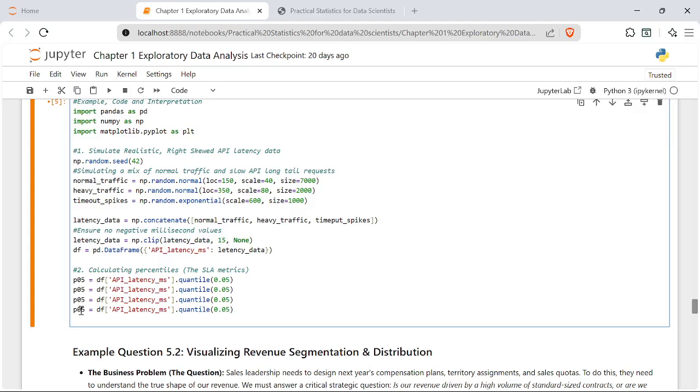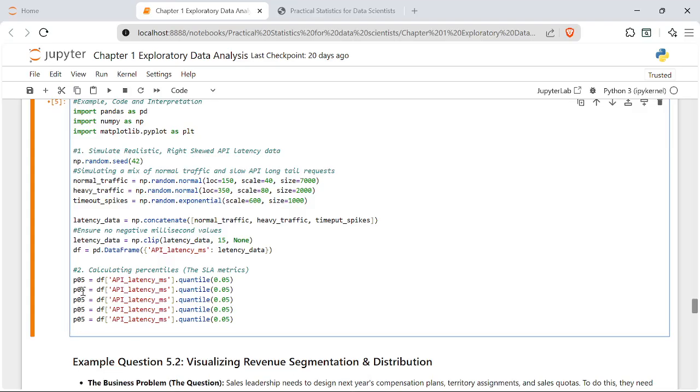P25, median, P75, P95. P25 equals API latency ms quantile 0.25. Median equals API latency ms dot quantile 0.50. P75 equals API latency ms quantile 0.75. P95 equals API latency ms quantile 0.95.